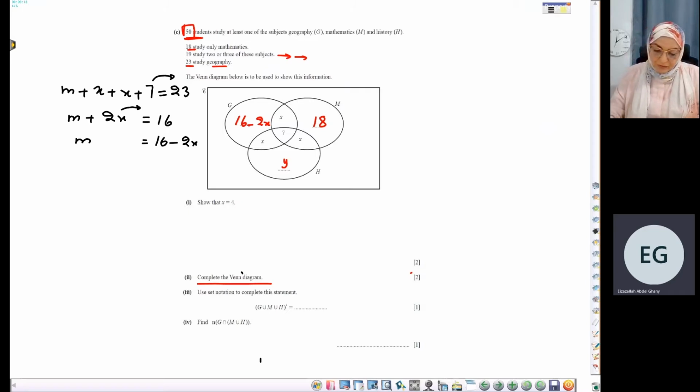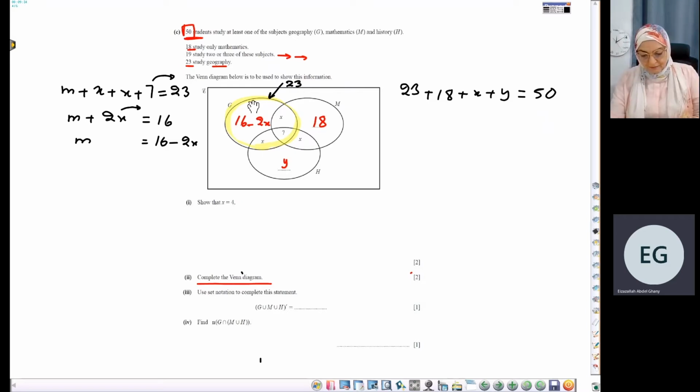Let's form an equation. And I'm reminding you, this area contains 23 students who study geography. So 23 plus 18 plus x plus y equals 50. 23 plus this region plus this region plus this region, they are 50 students.